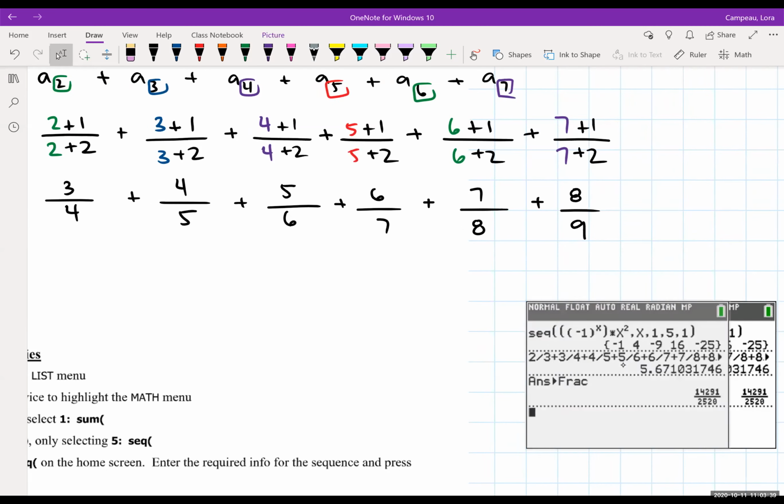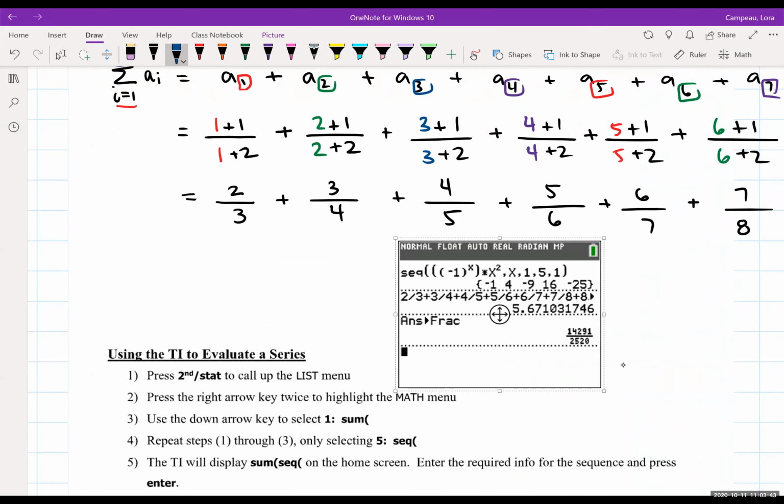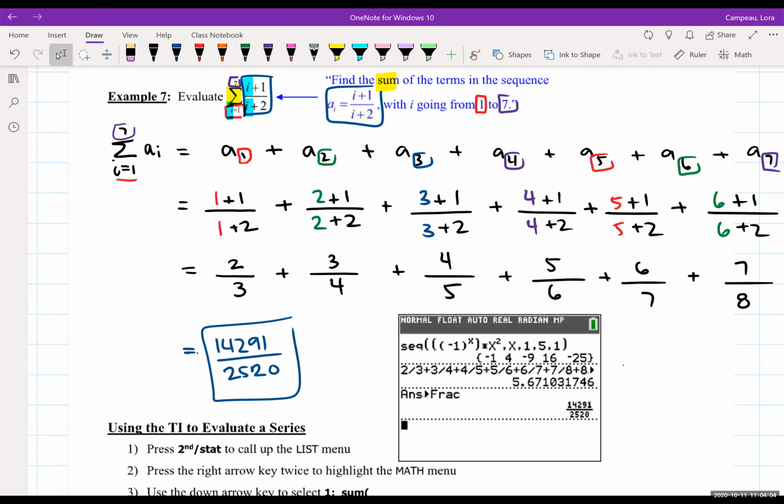And I know you don't always have this ability when you're drawing this in by hand, but the final answer that you would enter would be 14,291 in the numerator and 2,520 in the denominator. 2,520, let's make sure that's right. So that is actually converging to a particular number, which we had found, it's around 5.7 or so.